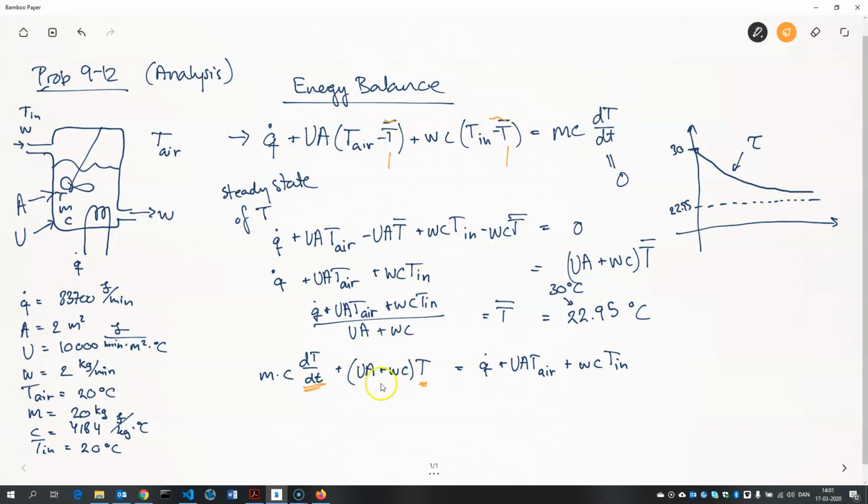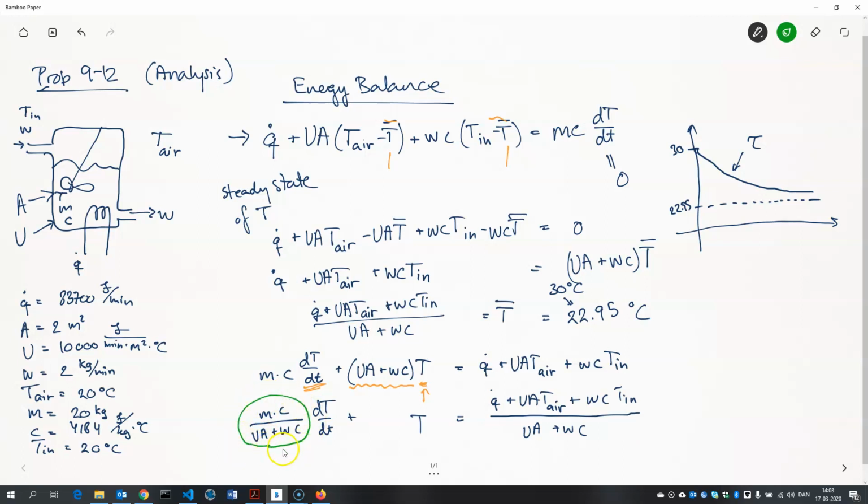And I put them on the left hand side, and the rest of the terms are on the right hand side. And in order to find the time constant, I'll take this coefficient which is in front of the function, and I'll divide the equation by that. Let's do that.